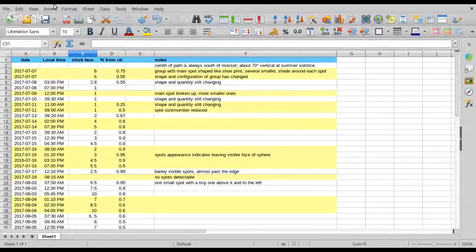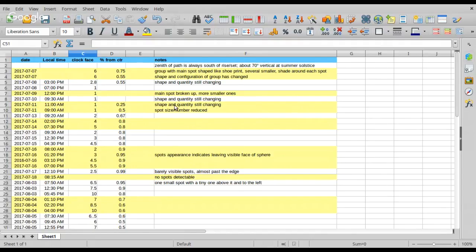Okay, I've been working on just watching this. I started the 7th of July, so it was a few weeks after the solstice, but that's where I marked my 70 degrees on the zenith, or the highest point of the sun, solar noon.